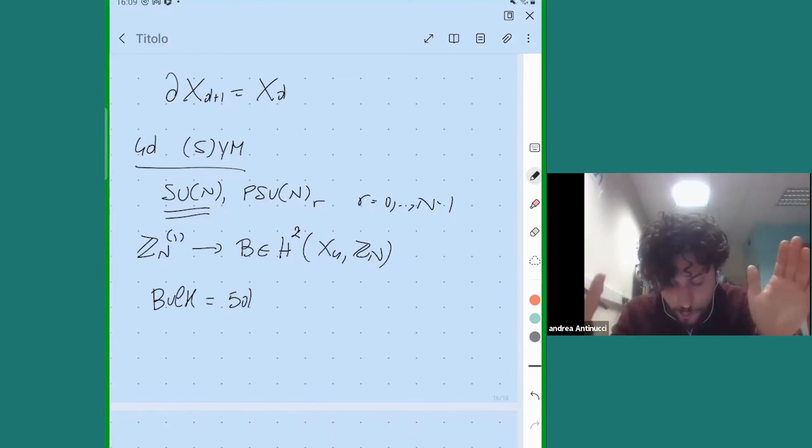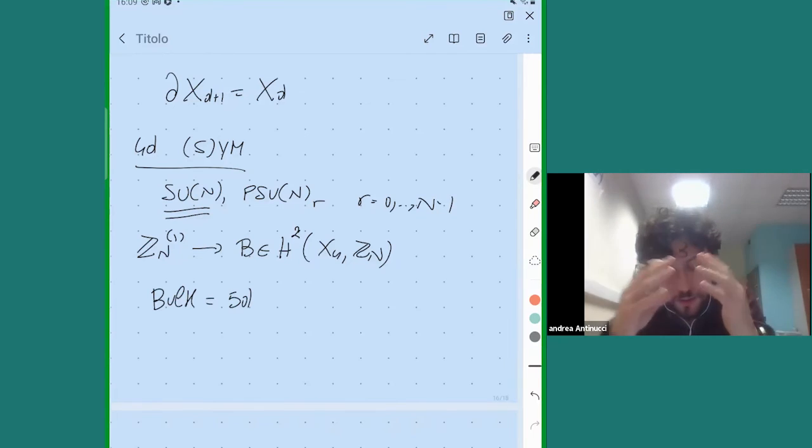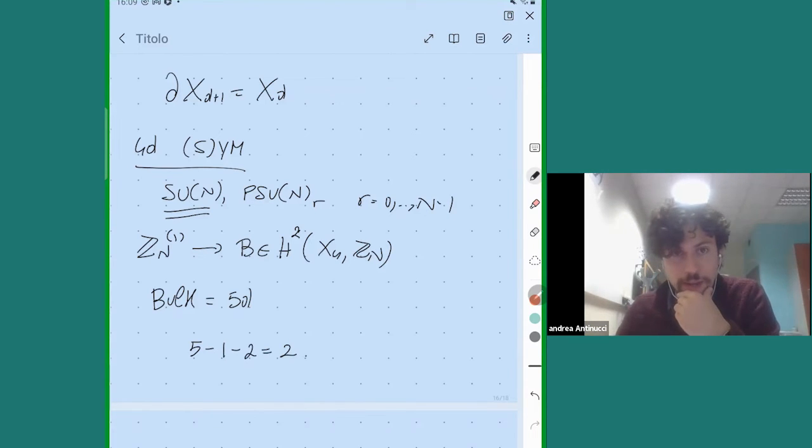In principle, I just constructed the inflow for this symmetry, because I'm just saying that the symmetry is trivially acting in the bulk. If I gauge it, I get a dual symmetry, and the dual symmetry has degree 5 minus 1 minus 2, which is 2, right? So in the bulk, I get a dual symmetry, which is a Z_N.